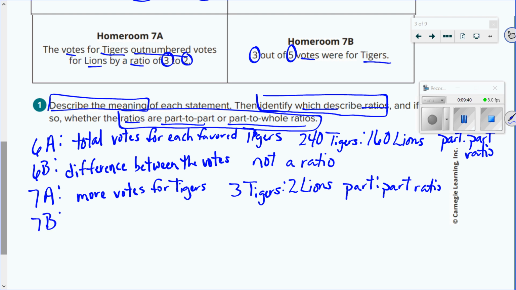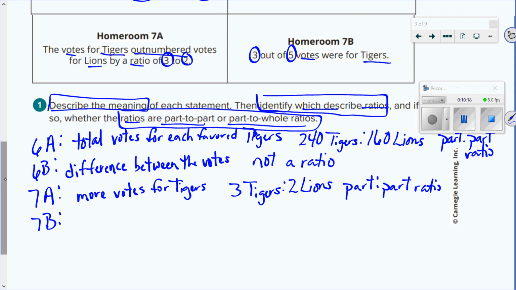Okay, what about for 7B? What is it telling us? Describe the meaning. Jet? 7B. What's it telling us? I didn't ask what type of ratio it was. I said, what's it telling us? Telling us that out of 5 people, 3 people... 5.